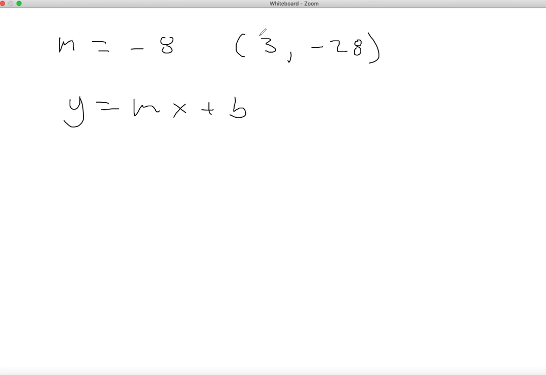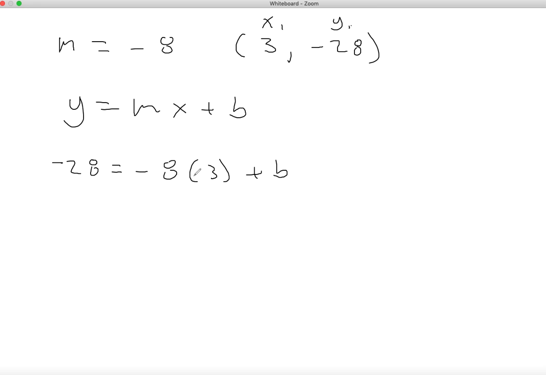So with this, I know m, and this is an x and a y. This is just some point that we happen to know satisfies this line. So I'm going to plug the point in for the y and the x, and I'm going to plug the slope in for the m. Then this is going to go -28 = -8(3) + b.